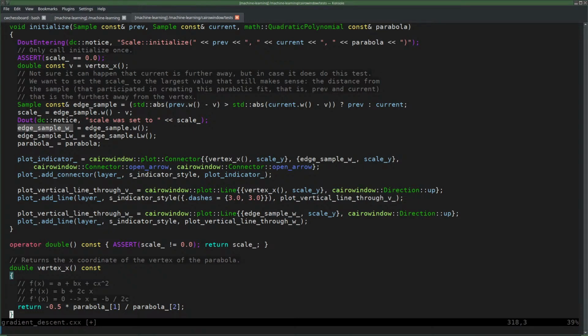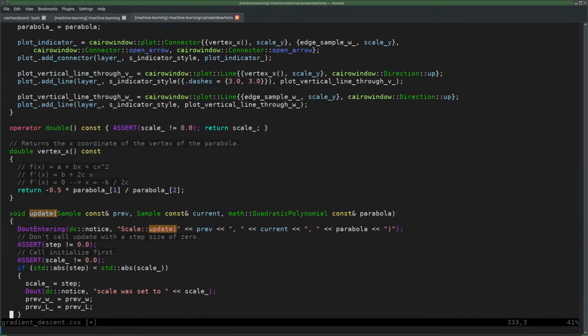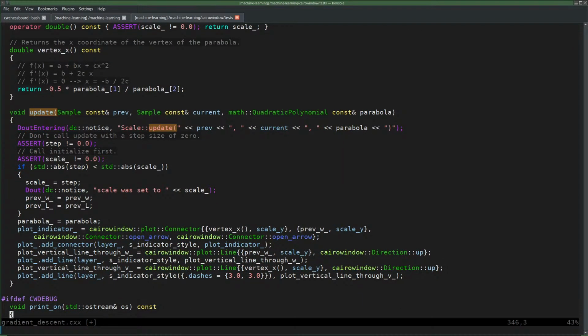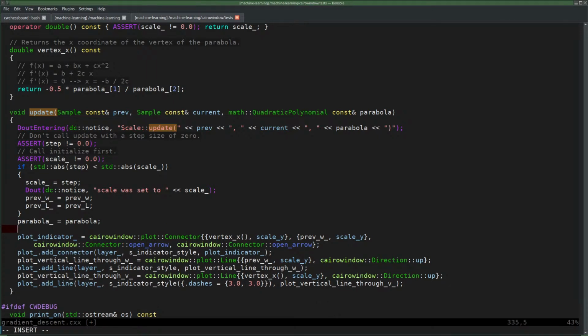Scale. Okay, update. Well, I have the feeling that this whole block here needs to be the same code. Let's make it a function.